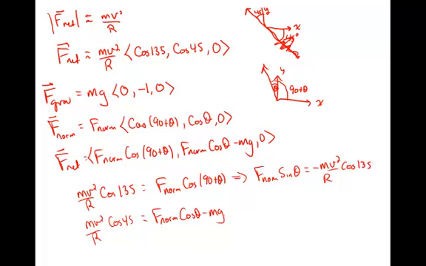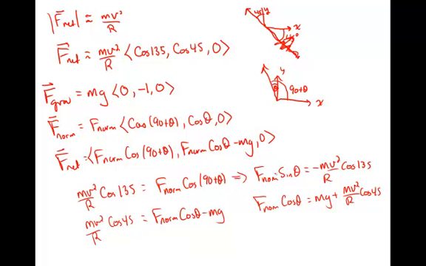If I add mg to both sides of this equation, I get f norm cosine theta is equal to mg plus mv squared over r cos 45. And what I'm going to do is take the ratio of these two equations, and that's going to give me the tangent of theta.